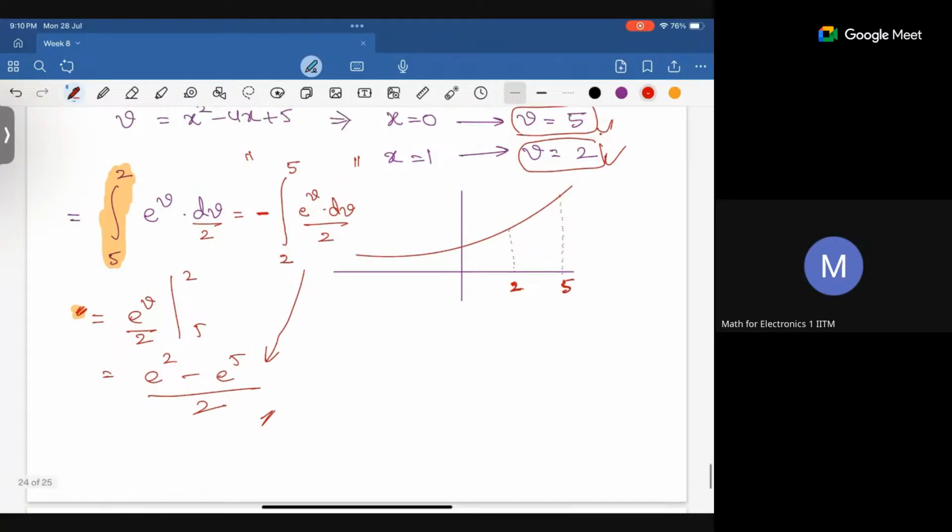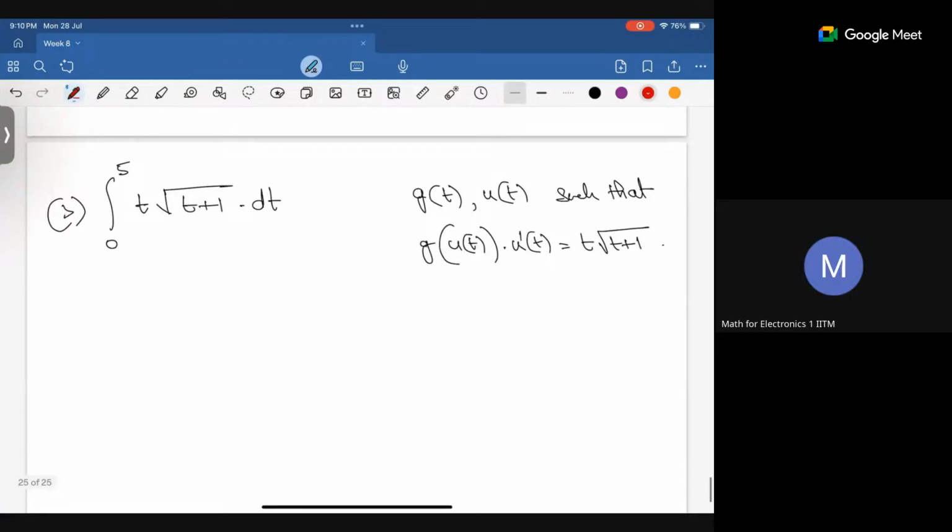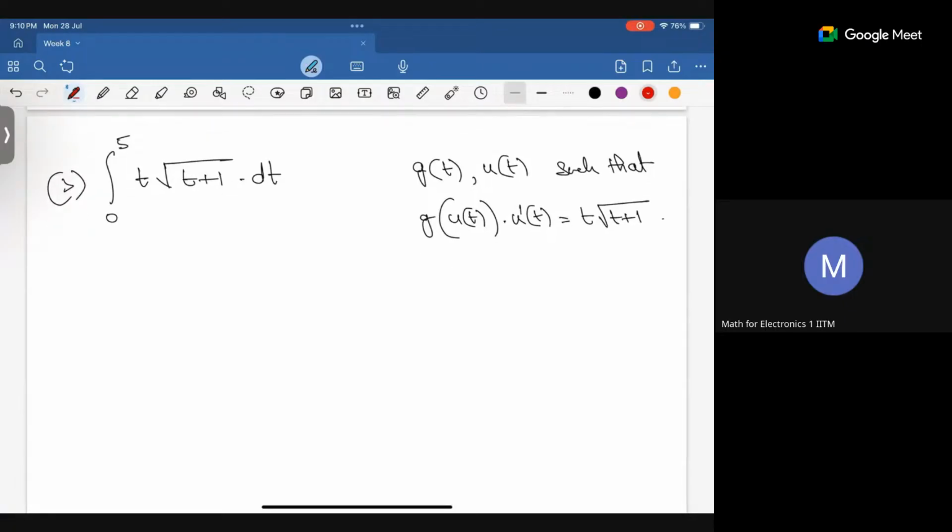And as I mentioned, integration by substitution will not work for any function f of x. It needs to be in the proper format in this way. Only then we can do it. There are some more examples where you can use substitution and convert this into a known form. If you see this example, it's very hard to get u of t.